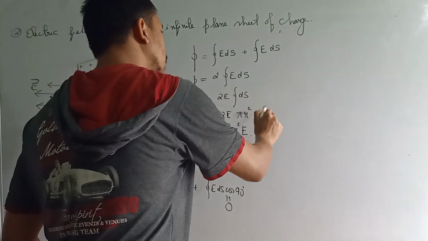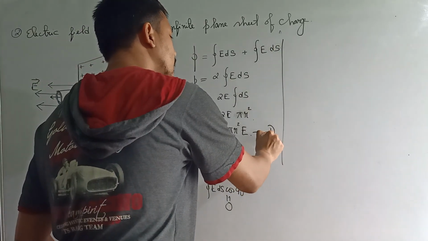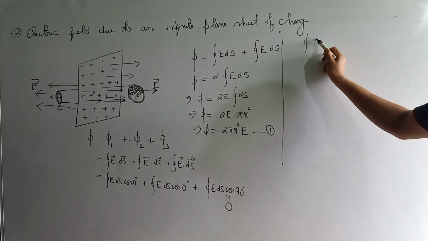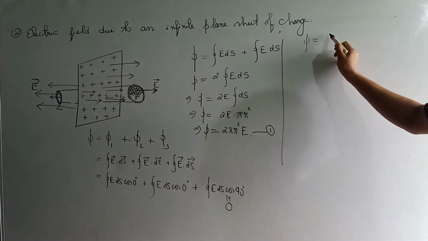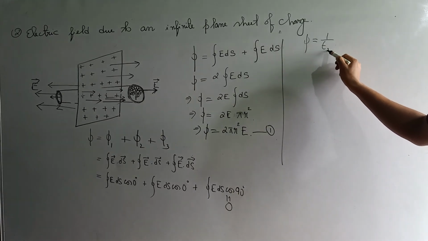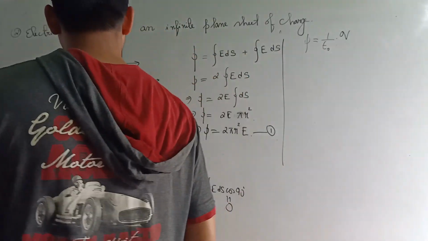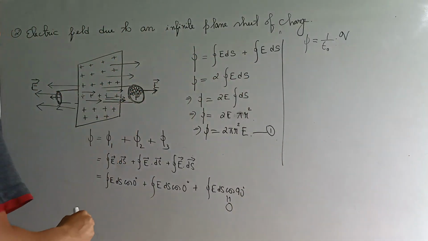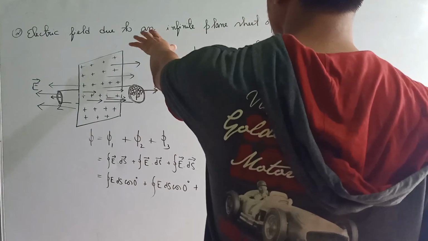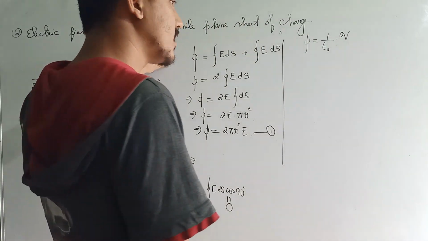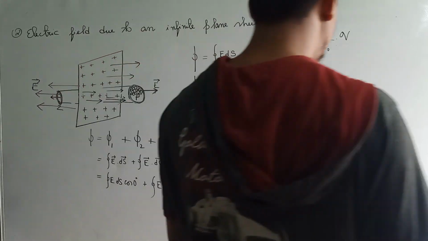Suppose this is equation 1. According to Gauss law, the total electric flux over any closed surface is given by 1 by epsilon naught times the charge enclosed. Is it okay? Now, we have assumed that sigma is the surface charge density for this sheet.